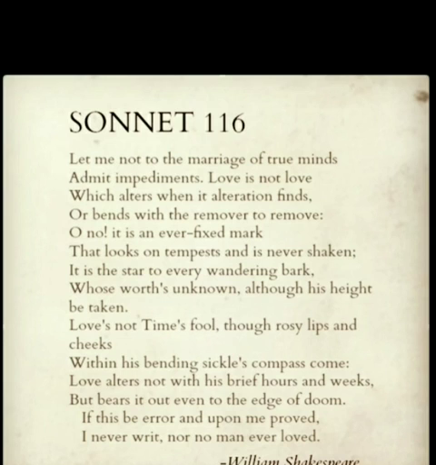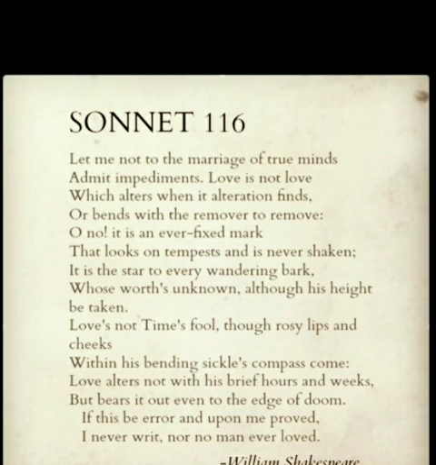Here, Shakespeare clearly describes that physical beauty fails, but true love cannot fail.